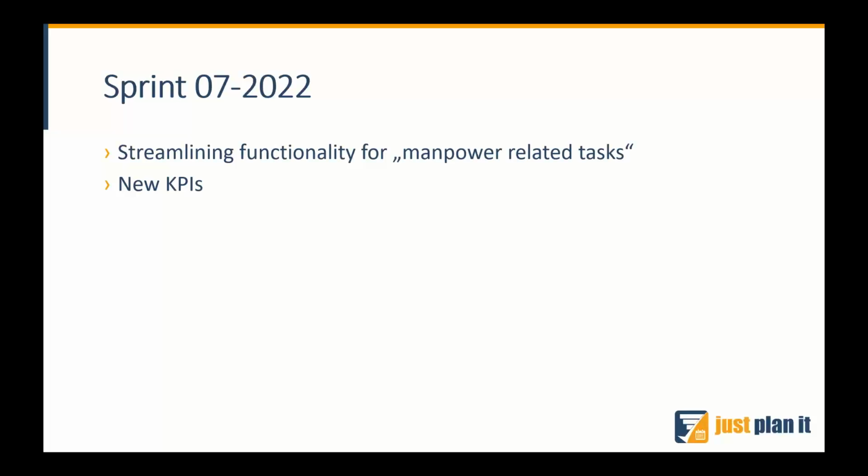So let's look at today's agenda. What was the new functionality that we have been releasing? First of all, we decided to streamline the functionality for the manpower-related tasks. I guess you remember in the June sprint, we focused on providing functionality to automatically schedule manpower-related tasks.